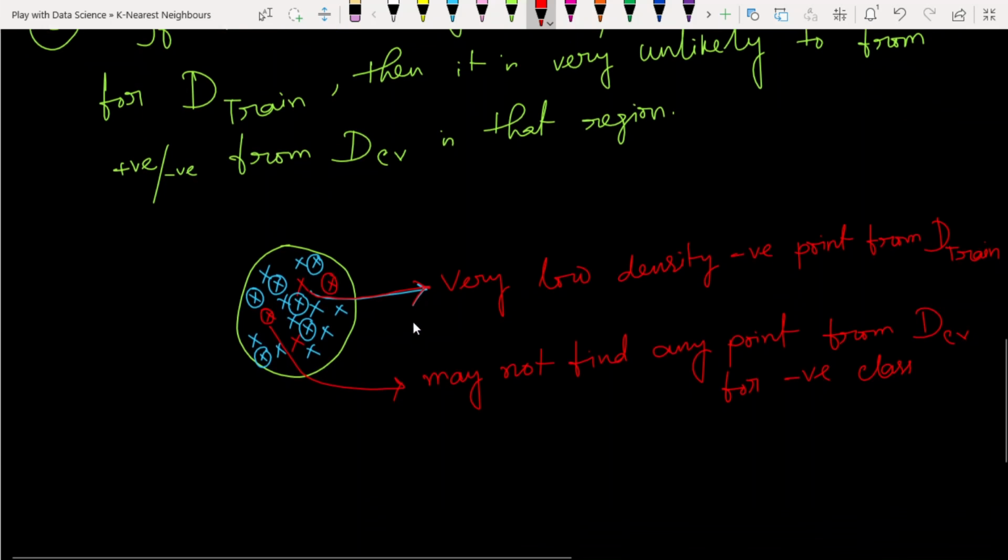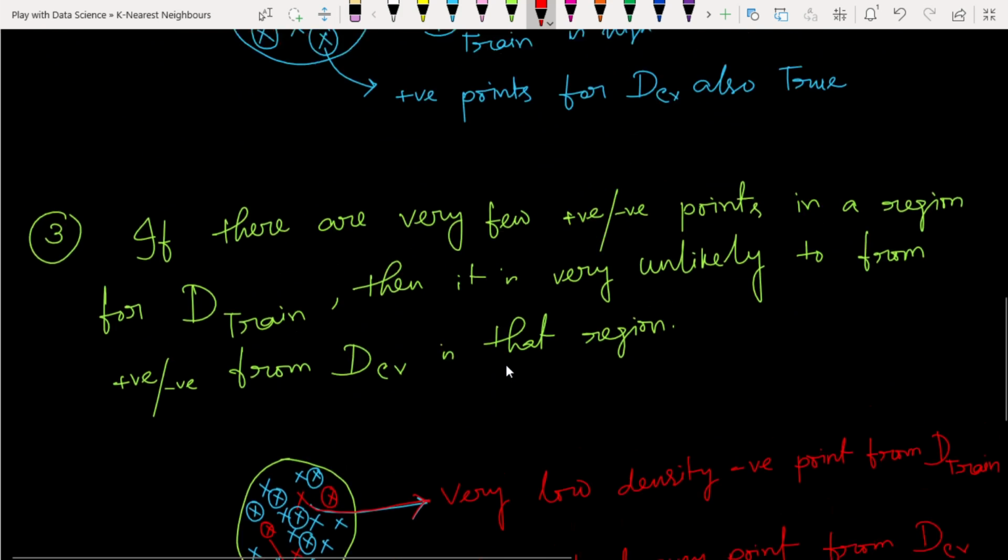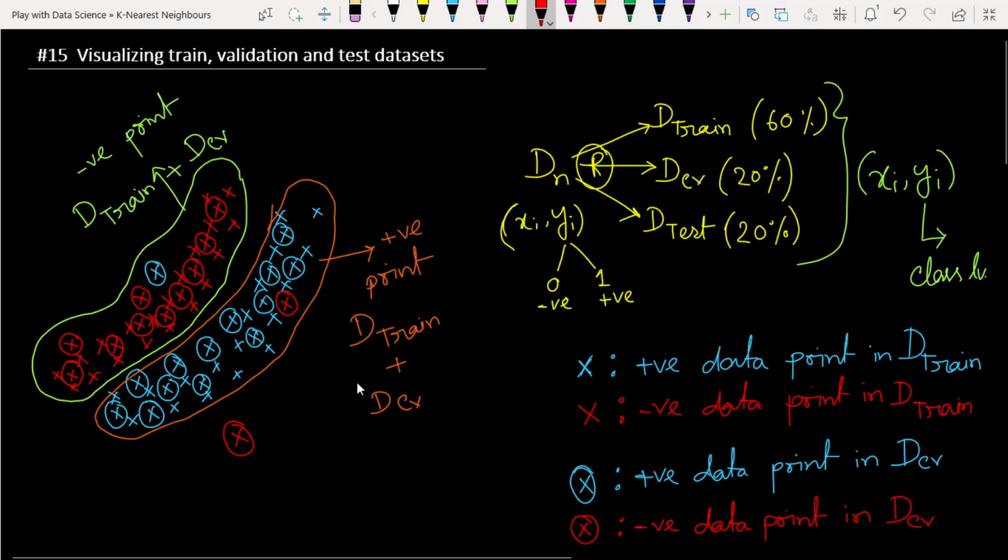If the chance is low for a particular region and class label in the training data, the same thing also happens for the same class label in the cross validation data. These are the main three things for visualizing a perfect data set.